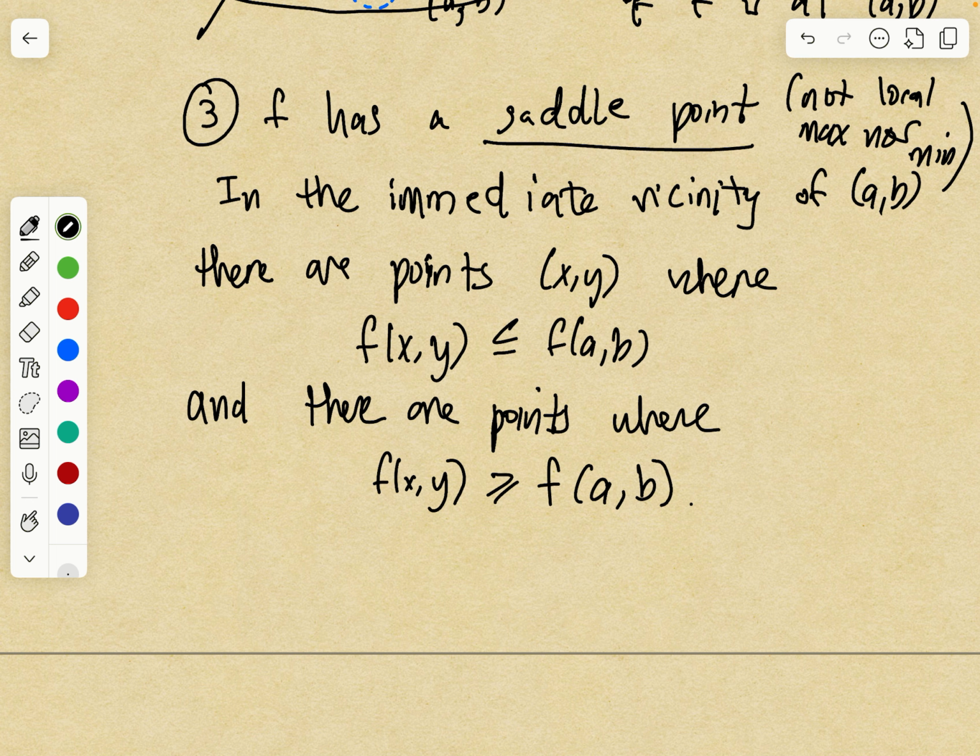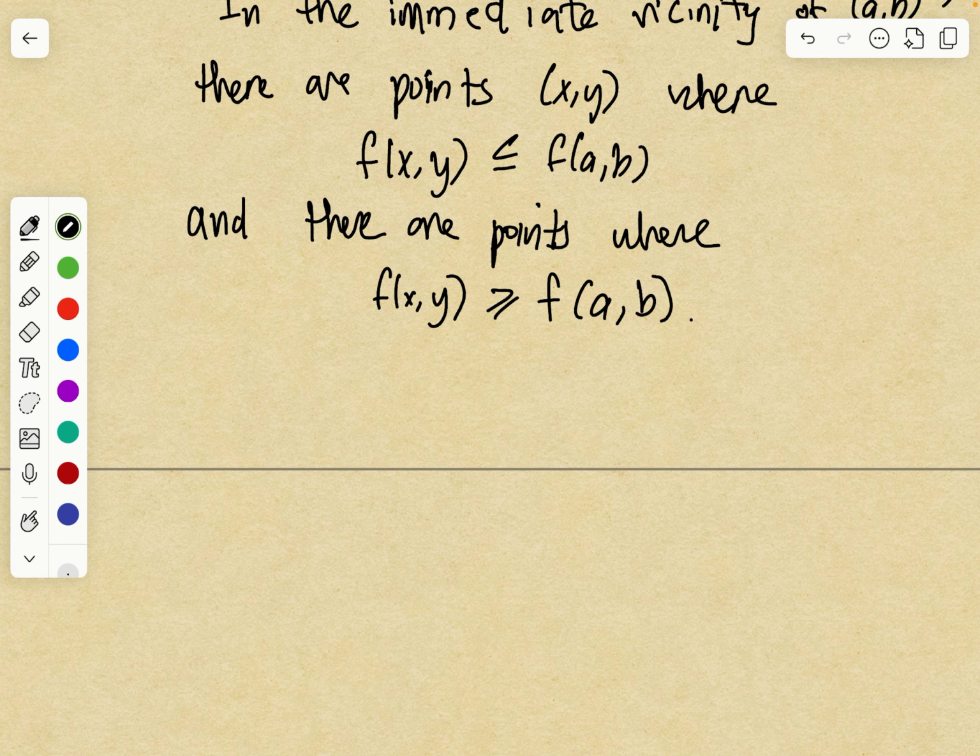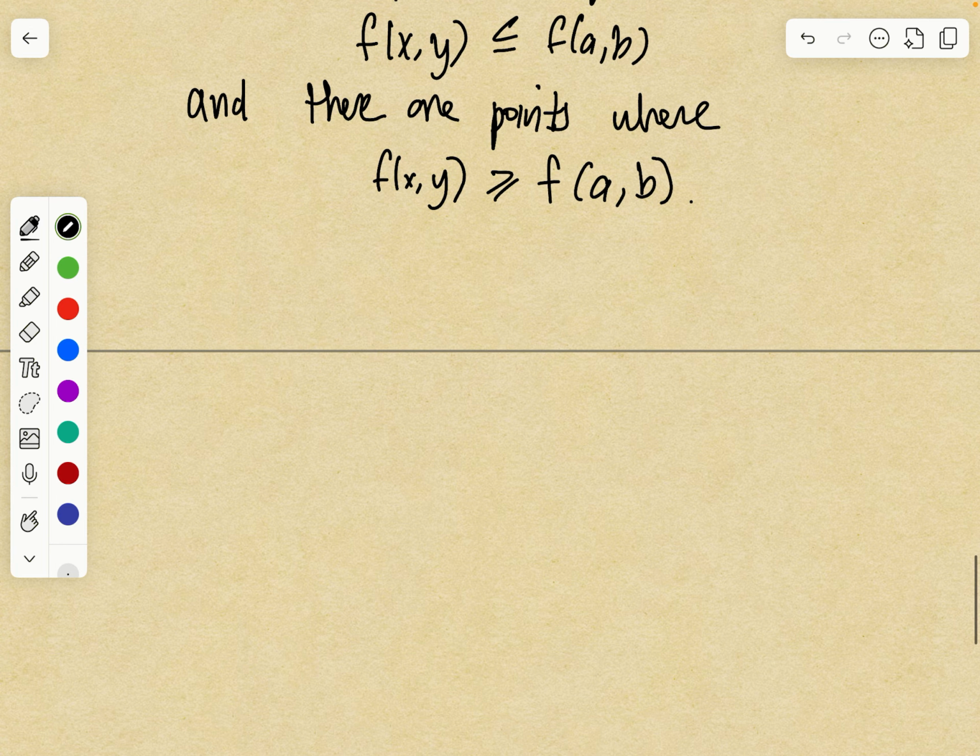And what's going on is that you have a scenario where you have your point a comma b and you zoom in, then maybe there's a way to draw these things. It looks like a Pringle chip.